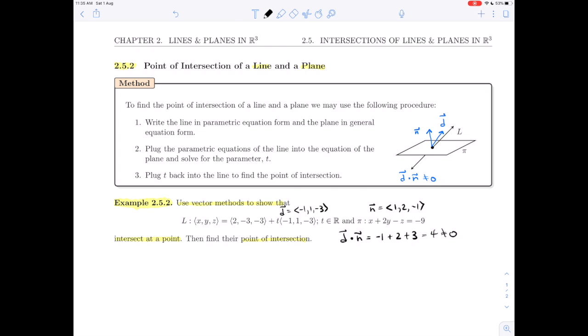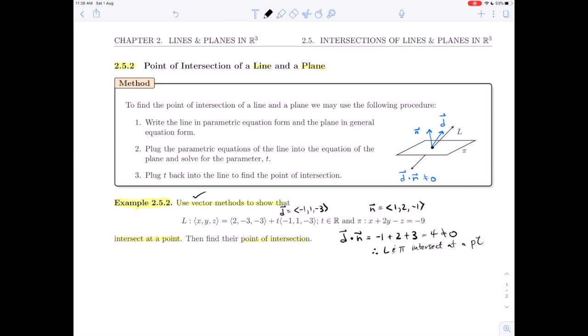And that is all we need to do to show that L and pi intersect at a point. So that first part is done.